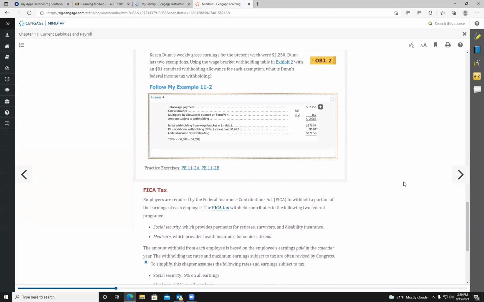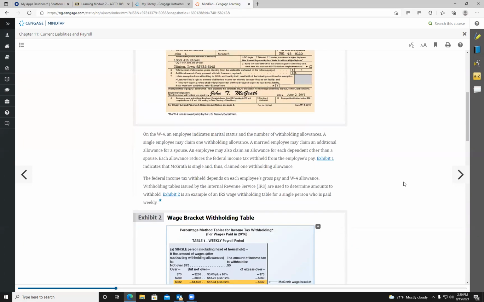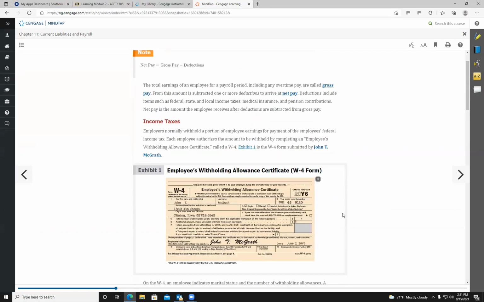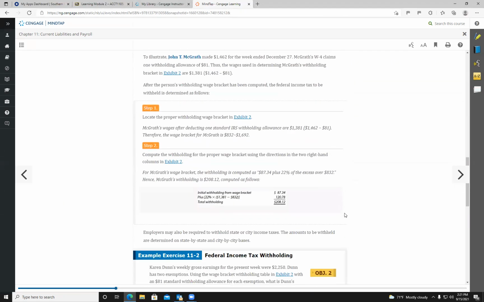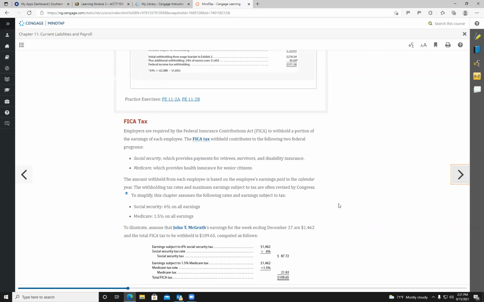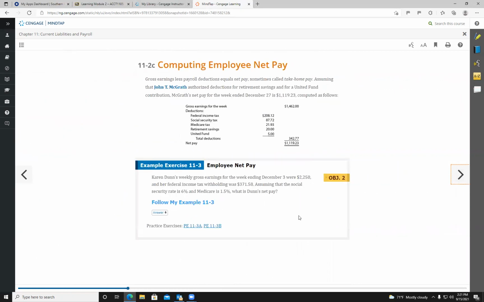So what an employer is usually going to withhold as a deduction from an employee's earnings is going to be his federal income taxes and his FICA tax. Now, computing an employee's net pay.